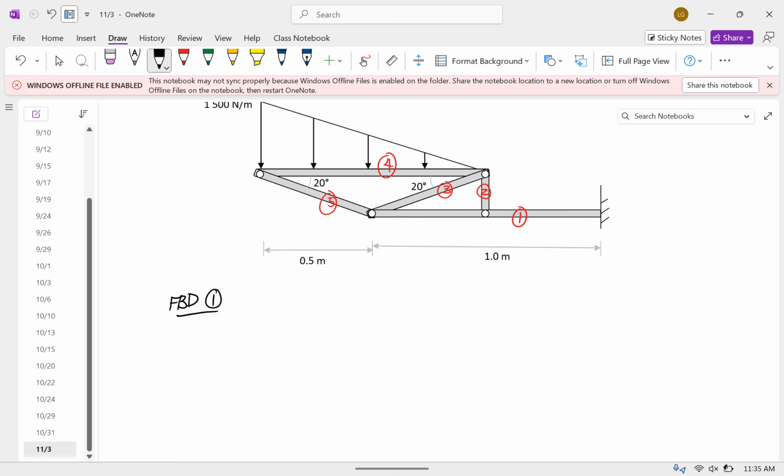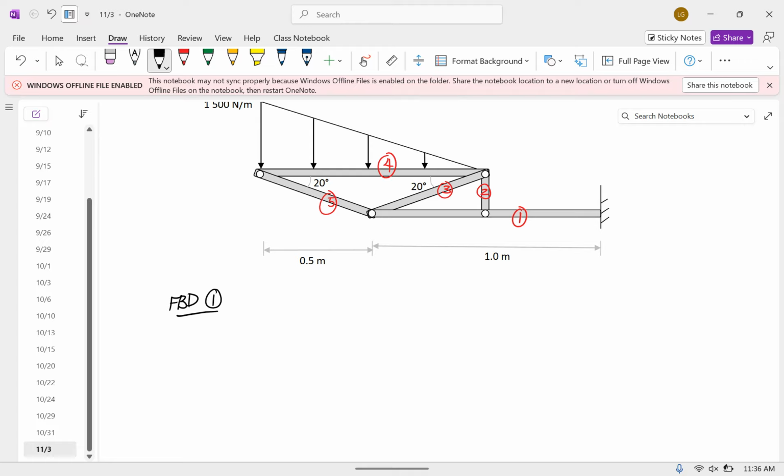Okay. And now what about at this one? The lowest numbered member at this one is member 1. So member 1 is going to be in contact with 3 and 5. But 3 and 5 are not going to be in contact with each other. Each one of them is only going to be touching member 1, the pin. Any questions about what I'm talking about?